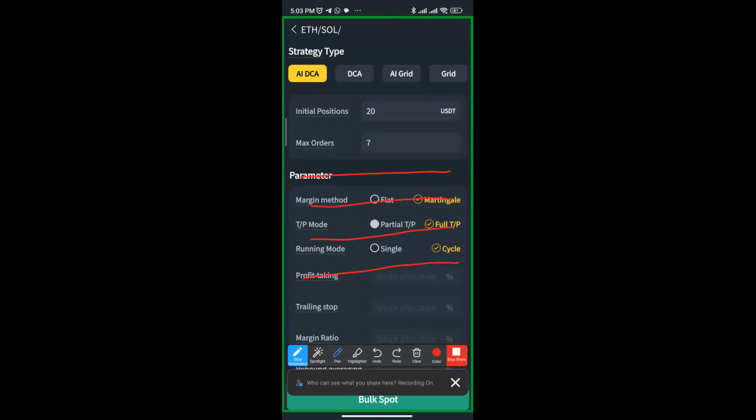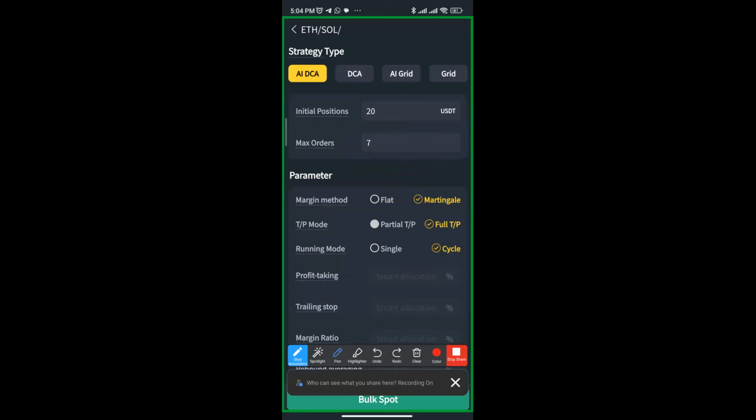DCA reduces the risk of buying a particular coin at a very high price. So it breaks down the price, okay? So that's what DCA does for you. It reduces the risk of purchasing high by investing at consistent intervals.